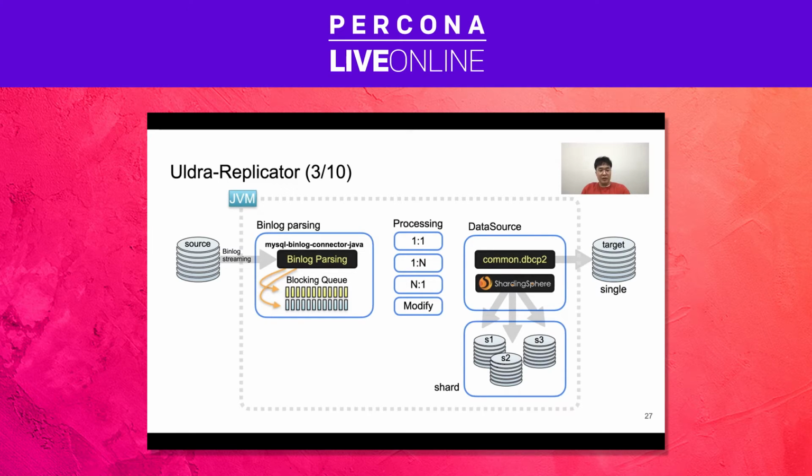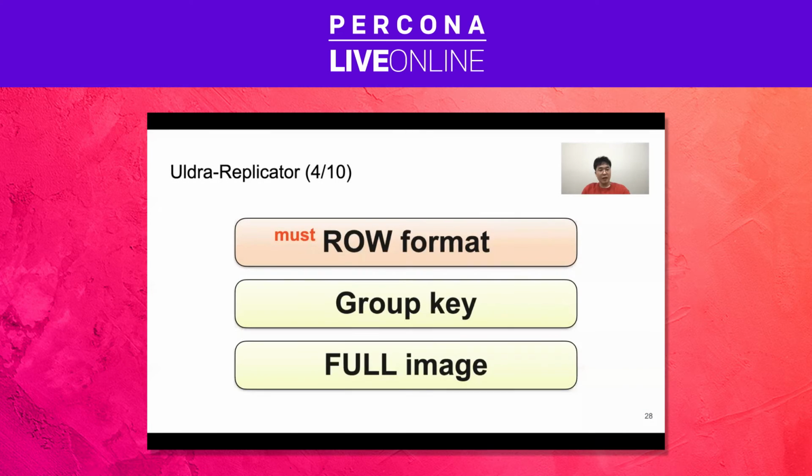It would use ShardingSphere if the target is several databases. It must be in row format to use Uldra-Replicator, and I do recommend binlog format full image for flexible data processing.